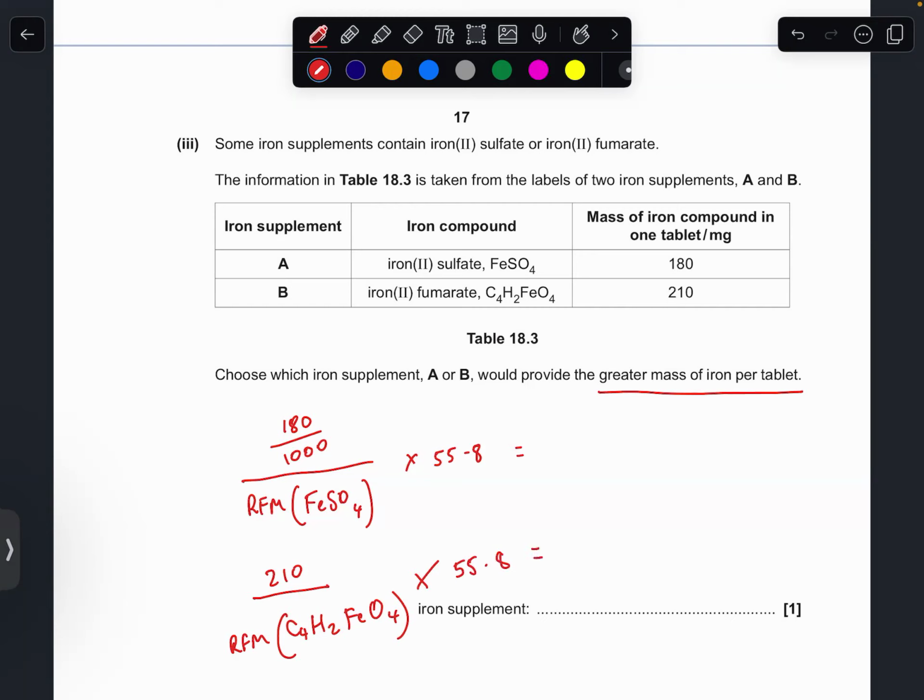Let's see what that gives us. Convert that to grams, and if we're comparing milligrams, we can convert it back into milligrams by timesing it by 1,000.